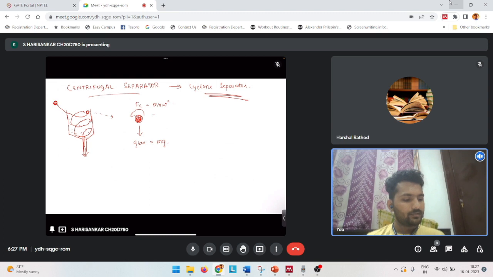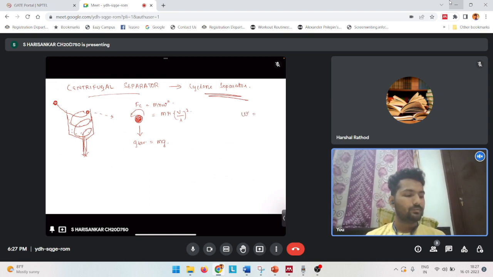You can write this as m r into (v by r) the whole square, because angular velocity omega can be written as v by r, and this will become m v square by r. So this is the centrifugal force.